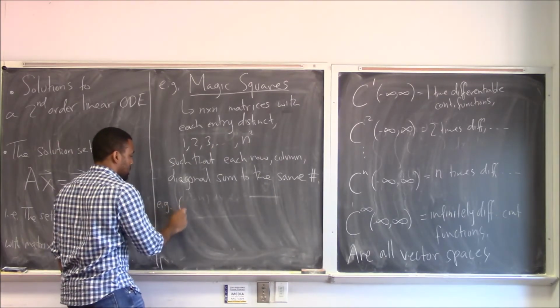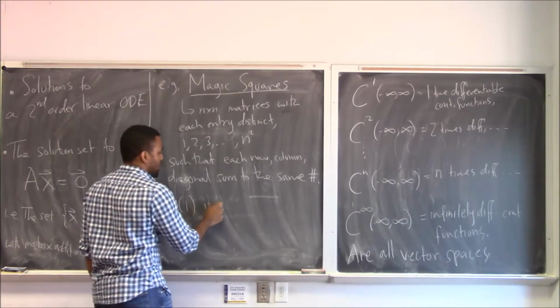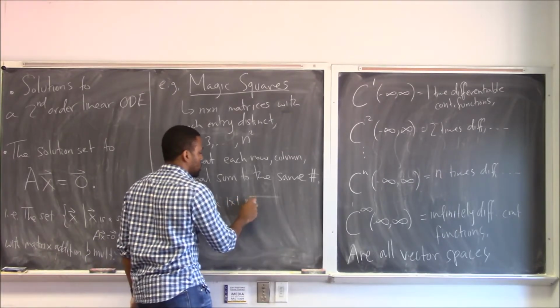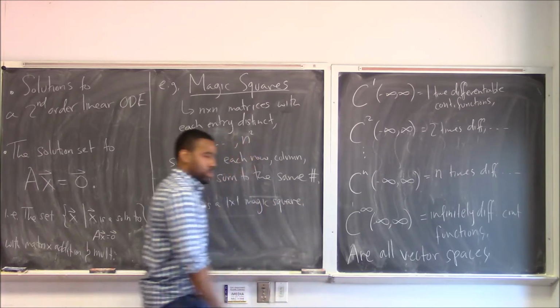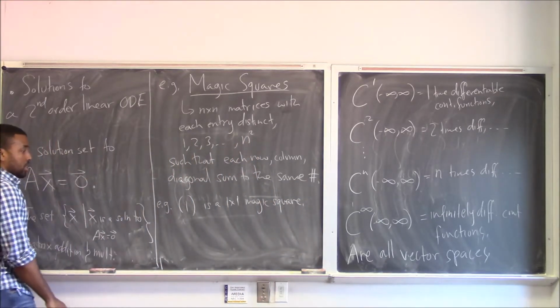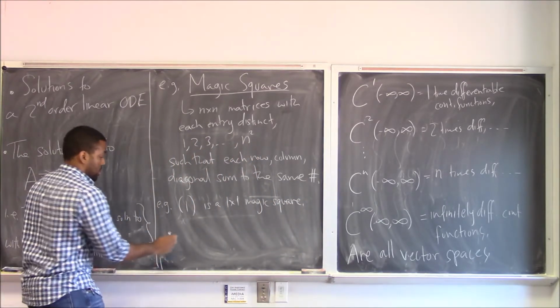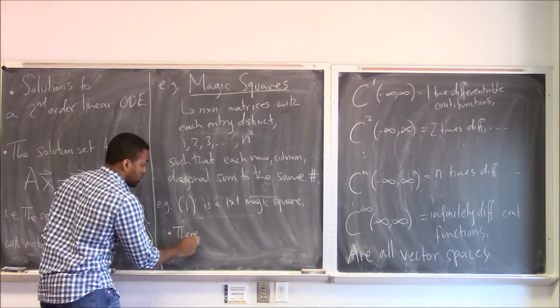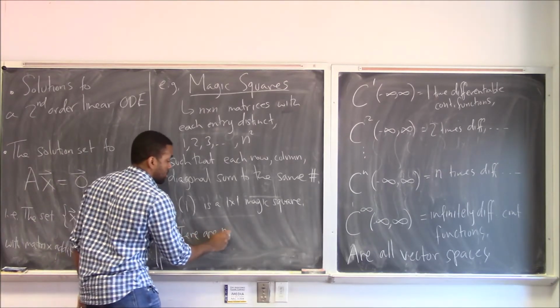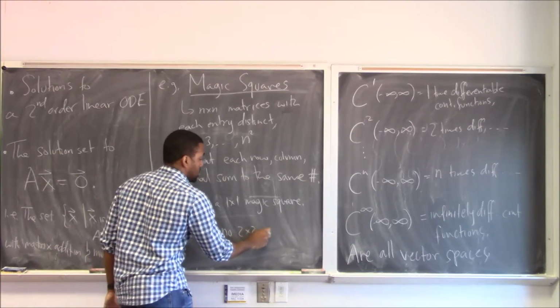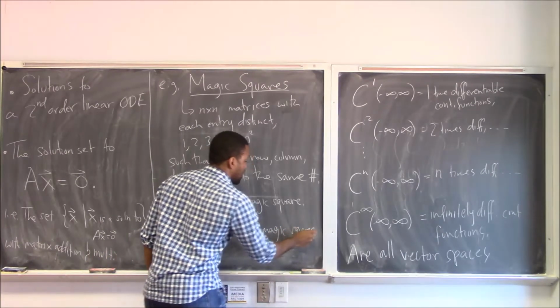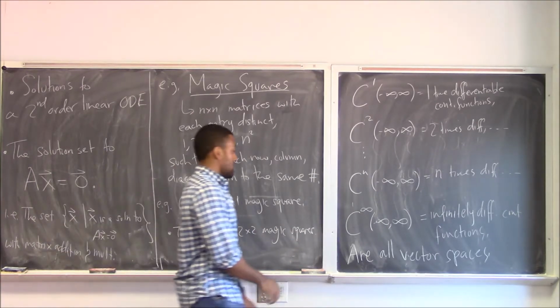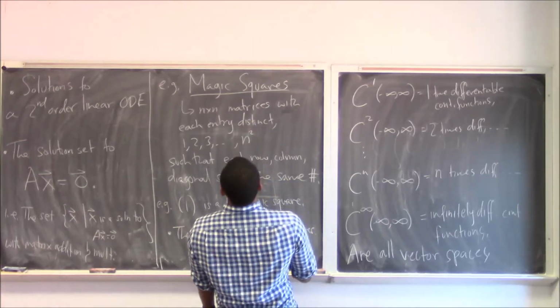Example. This is a 1 by 1 magic square. It's called the trivial example, the trivial magic square. It turns out there are no 2 by 2 magic squares. You meant 4 there, right? 4, where?